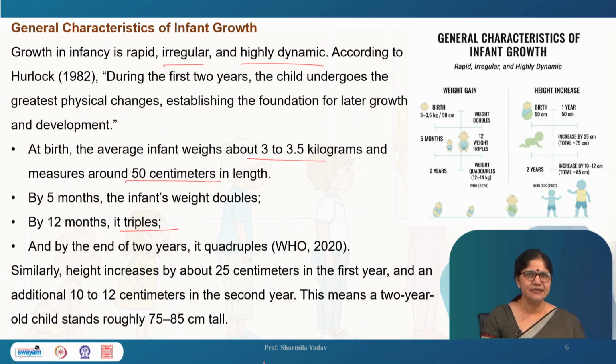Similarly, height increases by about 25 centimeters in the first year and an additional 10 to 12 centimeters in the second year. This means a 2-year-old child stands roughly 75 to 85 centimeters tall.